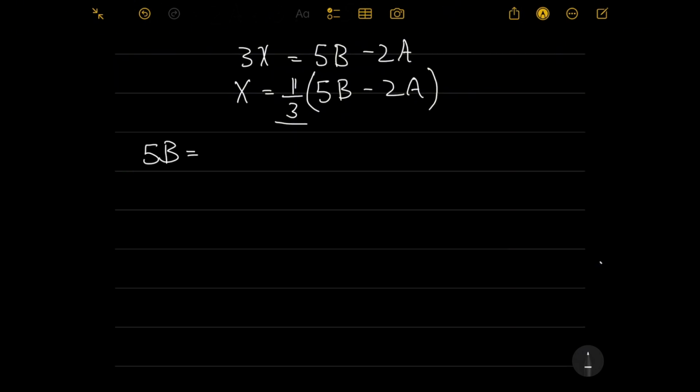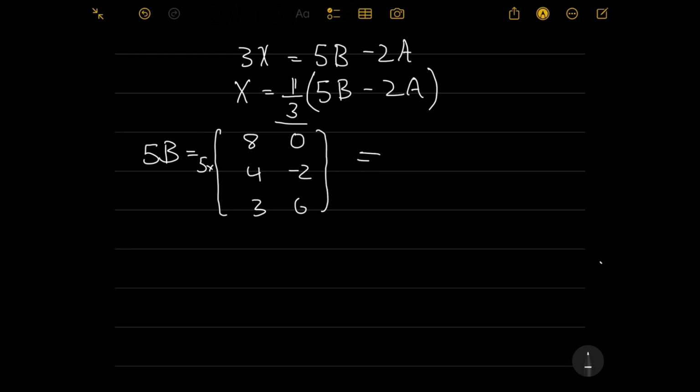So 5B. So 5B is 5 into B. So B matrix is 8, 0, 4, minus 2, 3, and 6.